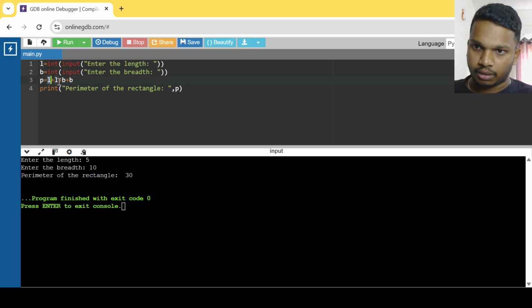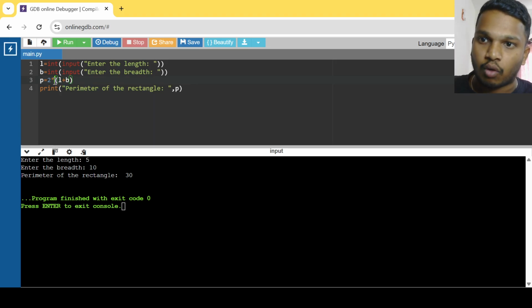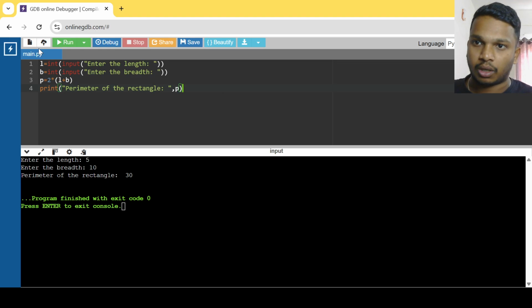Now let's see the one more logic we wrote: 2 star, bracket, length plus breadth. Why am I giving brackets? Because first, length plus breadth should happen, so to give the priority I am giving brackets. You know the BODMAS rule, right? Brackets, of, division, multiplication, addition, subtraction. Same rule.